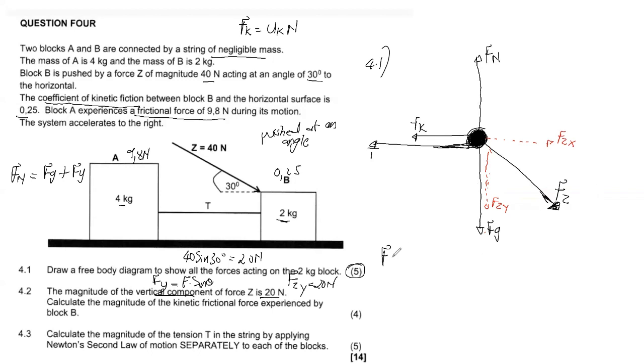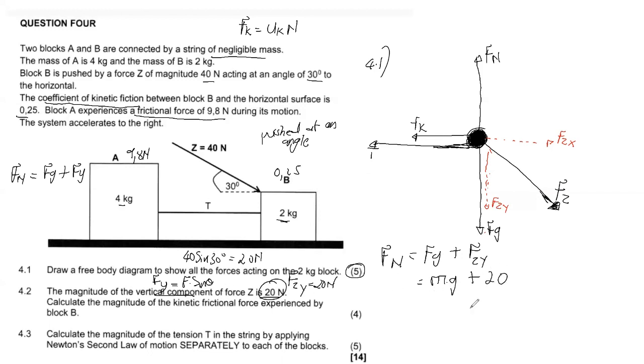So, okay, to calculate our normal force, let's go ahead now. We will say Fn is equal to Fg plus Fzy, so it's the vertical component of force Z. Now Fg, we know it to be mass times the gravitational acceleration, but we are already given the value for this one, so there's no need to break down the formula.